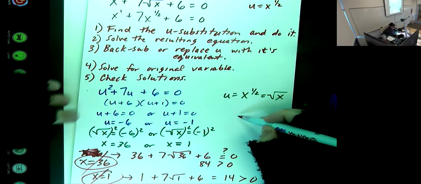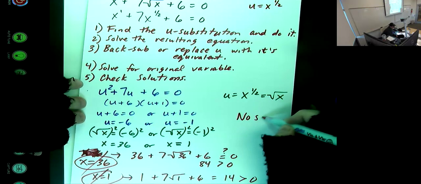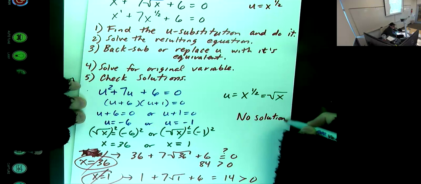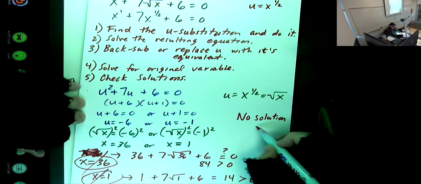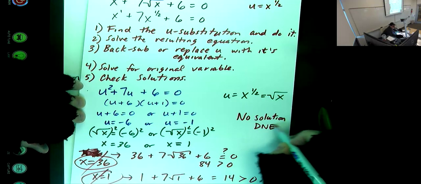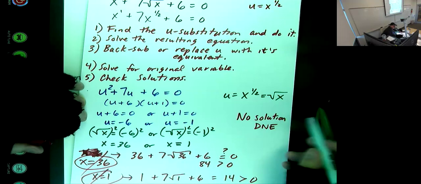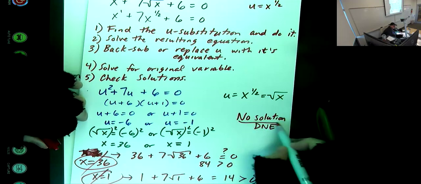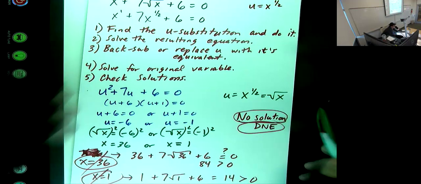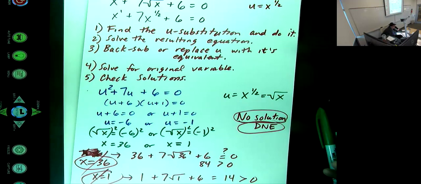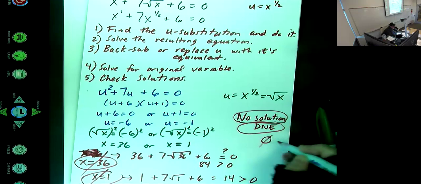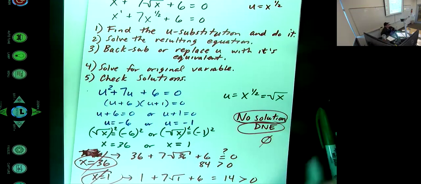There is actually no solution. Or you could say DNE, that's something people like to answer. Does not exist. Empty set is valid also.